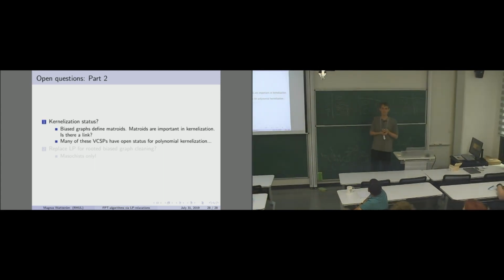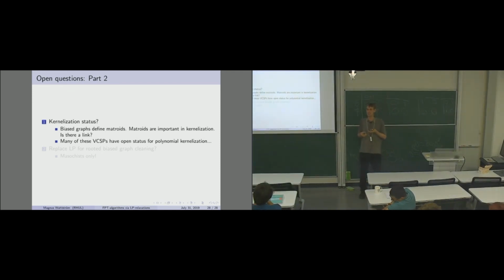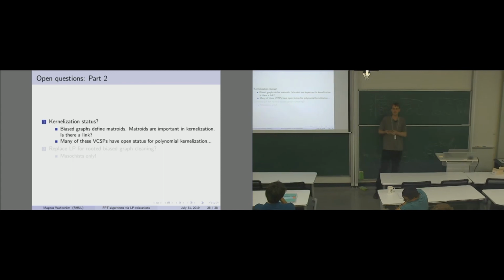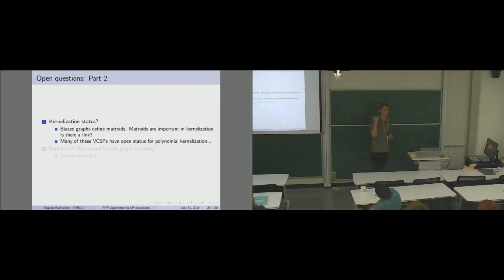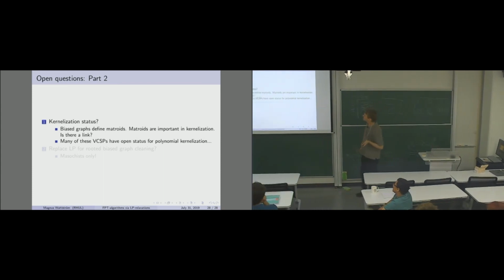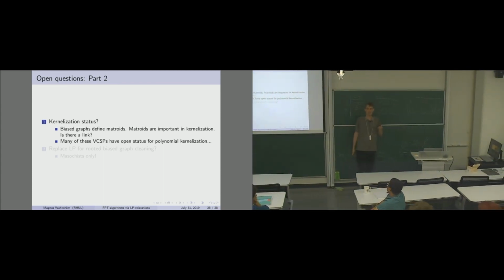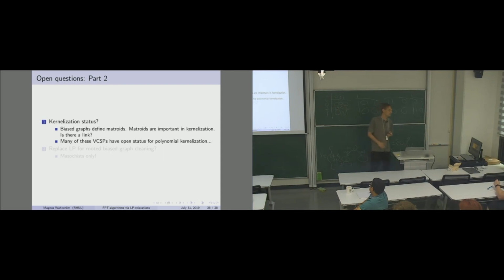Representable matroids happen to be extremely important in interesting and non-trivial kernelization algorithms. For example, for the problem node multi-way cut with a constant number of terminals. It happens to be the case that I don't know how to exclude the existence of a polynomial kernel for any, certainly not for any rooted problem version of this problem.